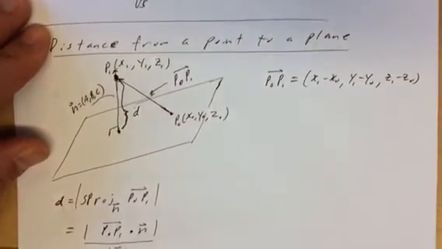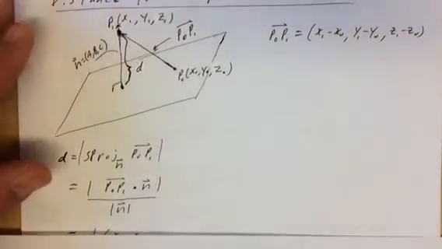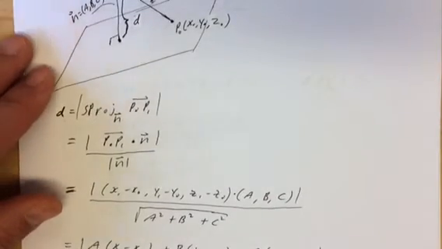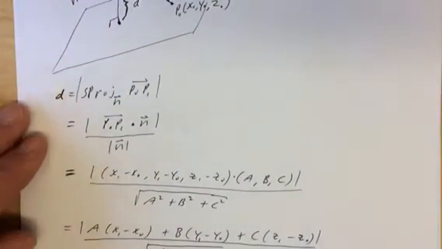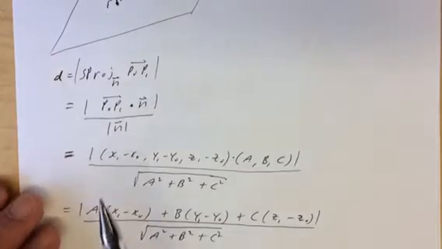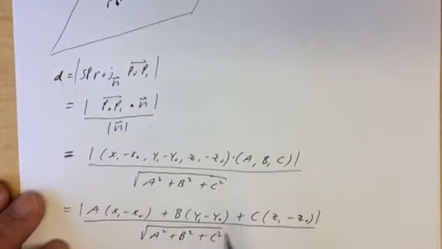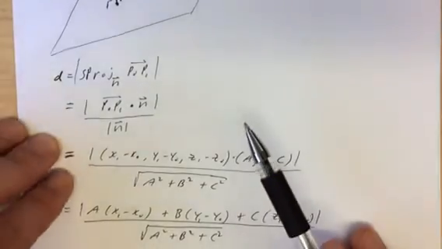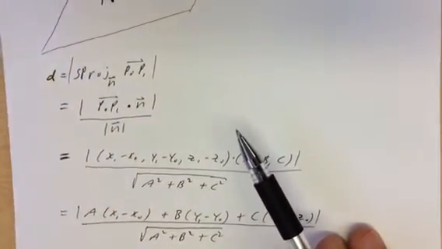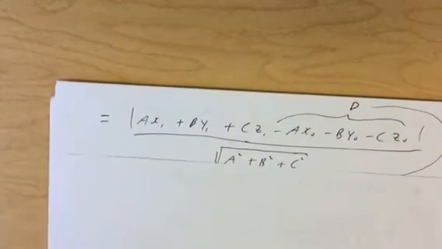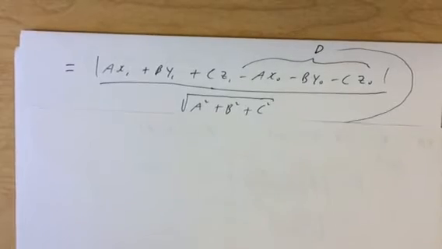So we're going to go through pretty much the same calculations and end up with a very similar situation. P0P1 dot n over the magnitude of n. Same thing, we're just adding an extra coordinate. And when you've done that, you get this formula here.